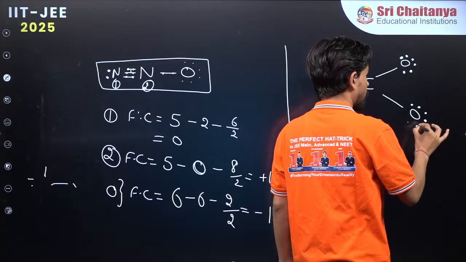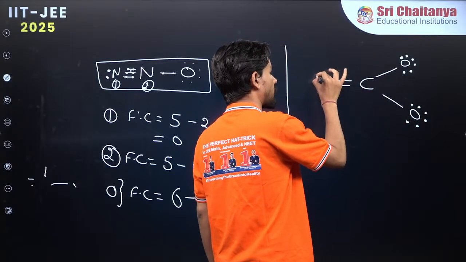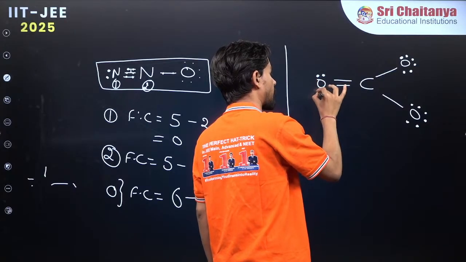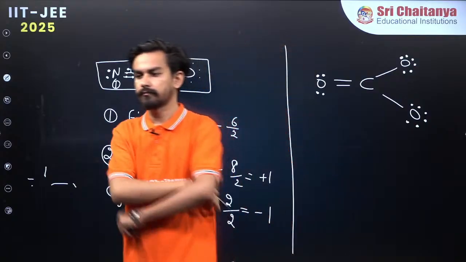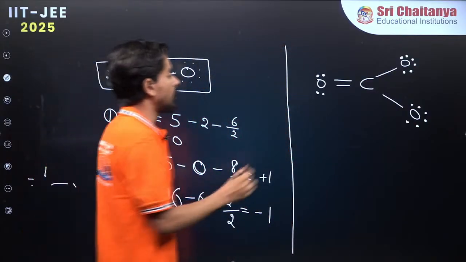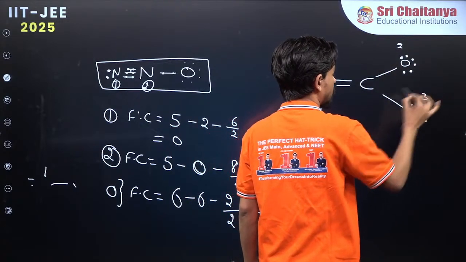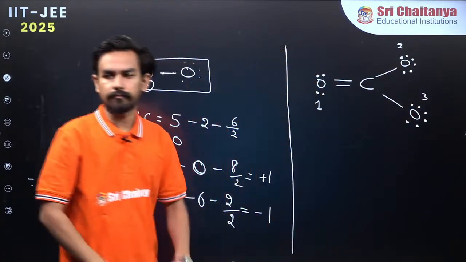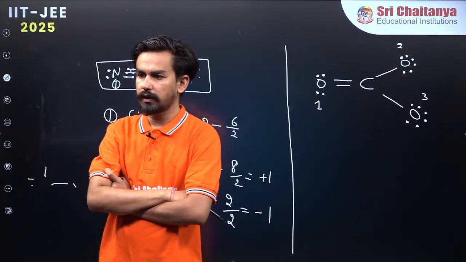Now you can draw very easily. I think all of you can see properly now. I think some of you might have done it. Let me name it oxygen number 1, oxygen number 2, oxygen number 3 and carbon. Tell me.